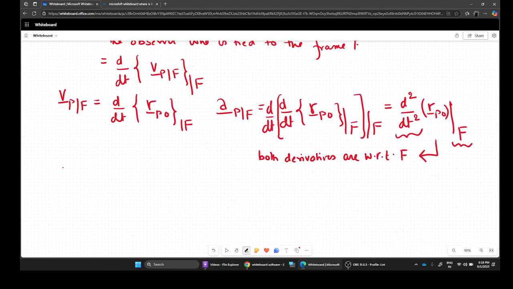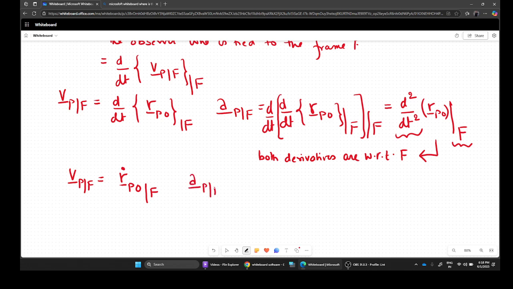We will also allow ourselves to use another shorthand. For VPF, we can write VPF as this. So instead of writing d dt, we will put a dot, and that will be considered an acceptable notation.